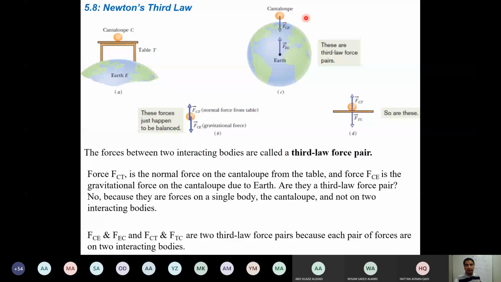But if we are considering action and reaction, it should include two objects: the cantaloupe and the table, or the table and the earth, or the cantaloupe and the earth, right? Let's say in figure C, there is a cantaloupe and the earth. One force is on the cantaloupe and the second force is on the earth.